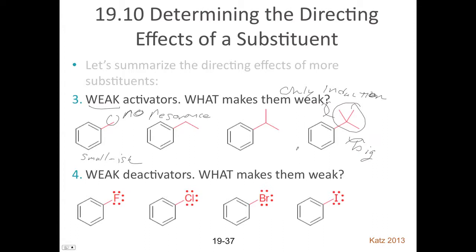So the major product might be only the para-directed species, whereas when you have a methyl group here, you might have ortho or para in maybe roughly equal amounts, depending on what we're talking about.